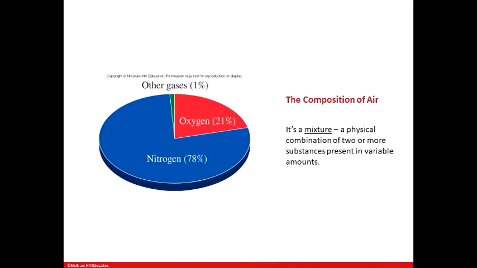So the composition is about 21% oxygen, 78% nitrogen, then 1% of the other gases. You want to hang on to this particular ratio: about 21% oxygen and 78% nitrogen. The nitrogen serves as a diluent to dilute the oxygen, so that the concentration of oxygen in the air is breathable for humans.